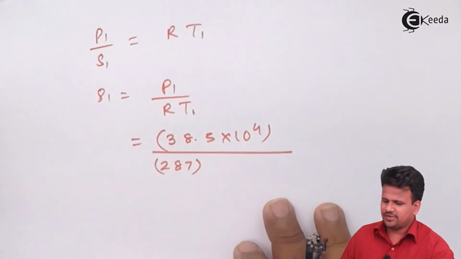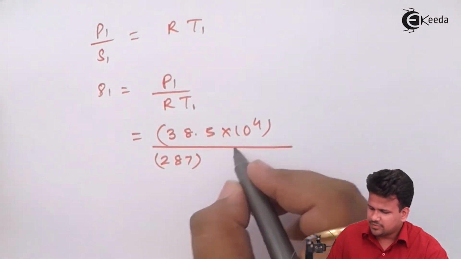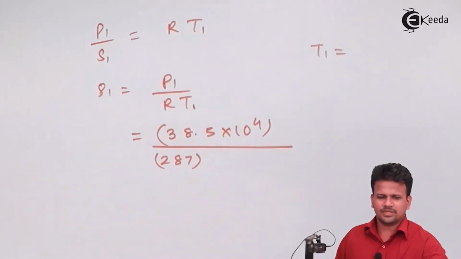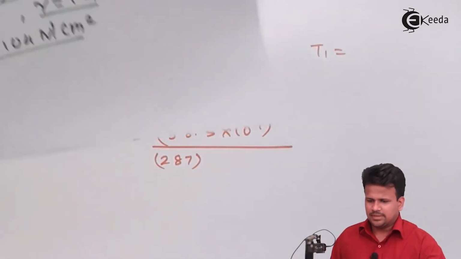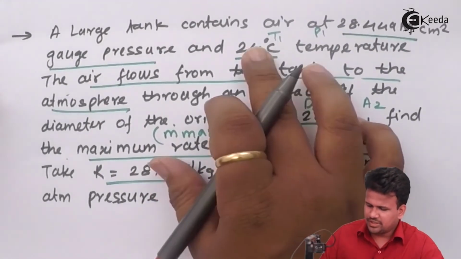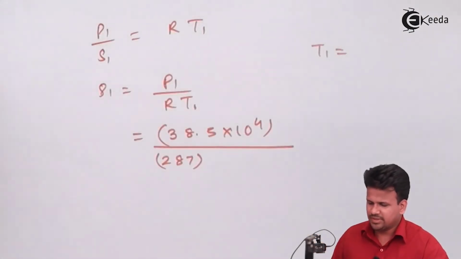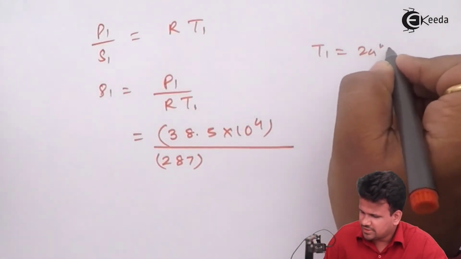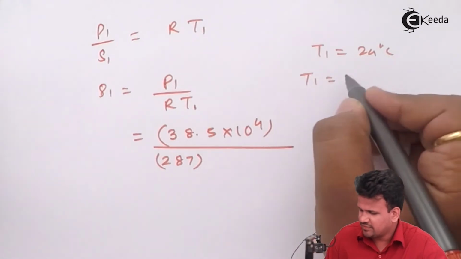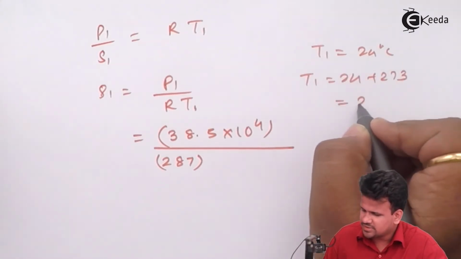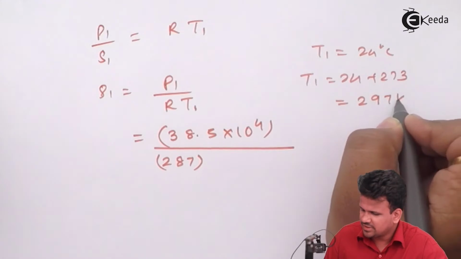The temperature which we have not written yet, from our problem, is 24 degrees Celsius. If you add 273 Kelvin, this comes out to be 297 Kelvin.